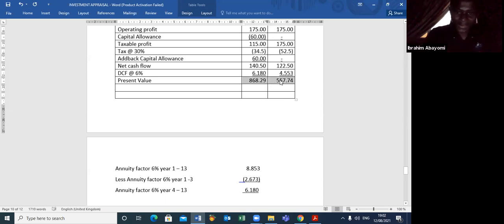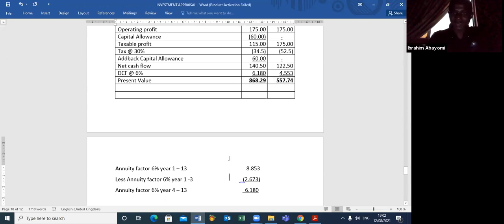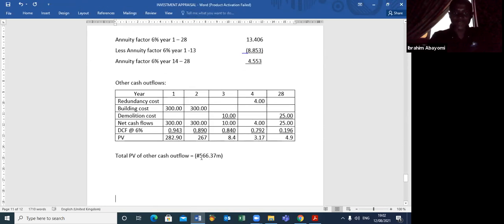Now, how will I get my NPV? My NPV is the difference between this and the present value of other outlay, which is this. So let me put it there.